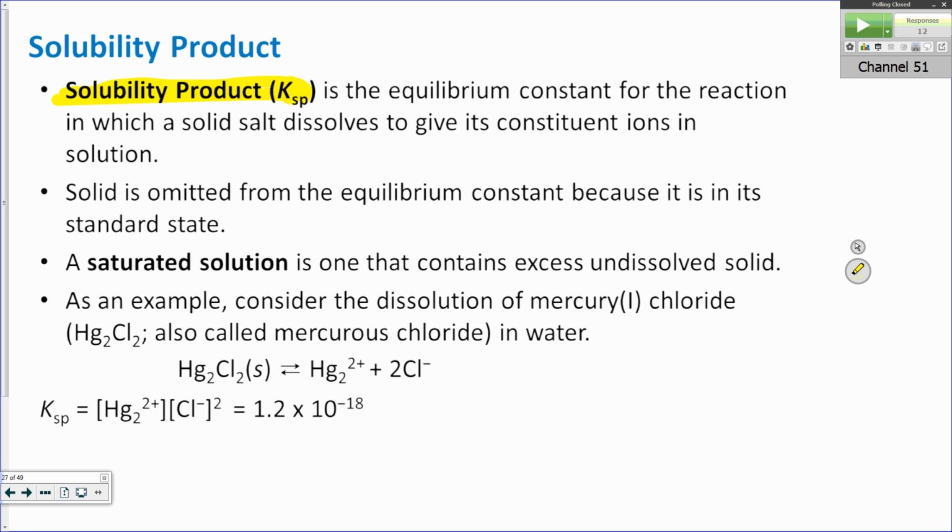I want you to learn how to use tables, and different textbooks organize them differently. Our author's textbook organizes it by ligand, by the different metals or the anions. So they list all the things that are sulfates and put them together, and they list all the things that are oxalates and put them together.